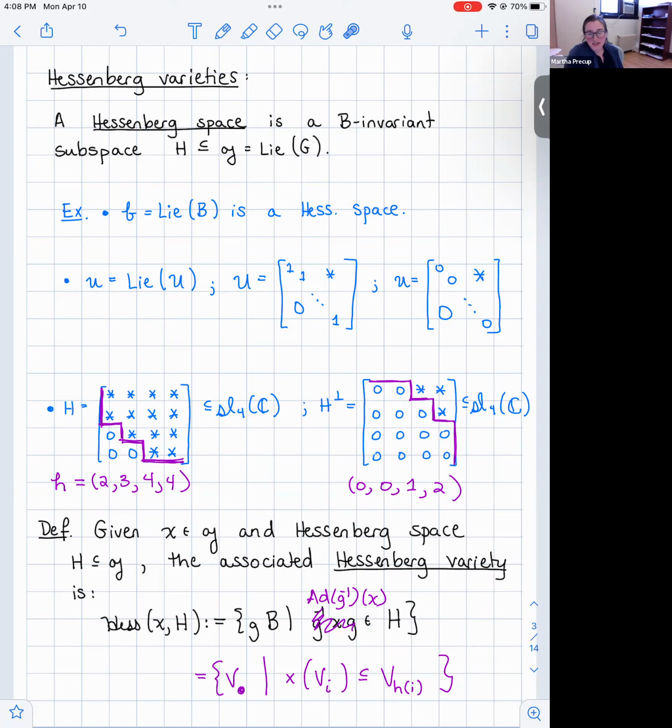You can change your Hessenberg space to any subspace that's invariant under the Borel subgroup, and try to figure out what kind of variety you have. There are a few very special cases where I've seen this done. But if you want to do this in a general way, I think it's very difficult. But that's a really good question, and you can even do that level of generalization.